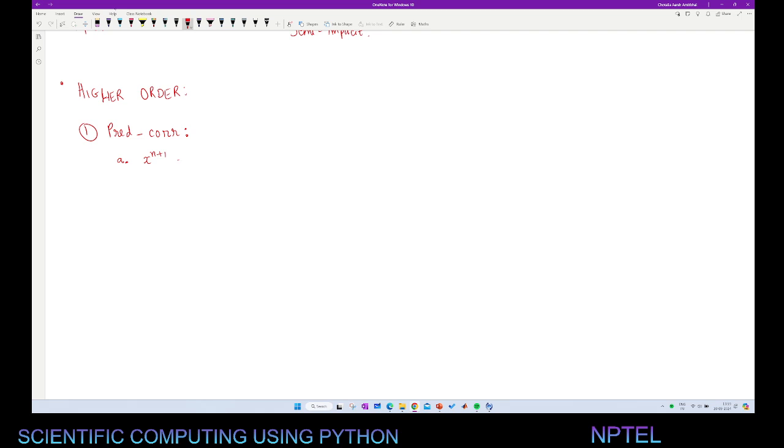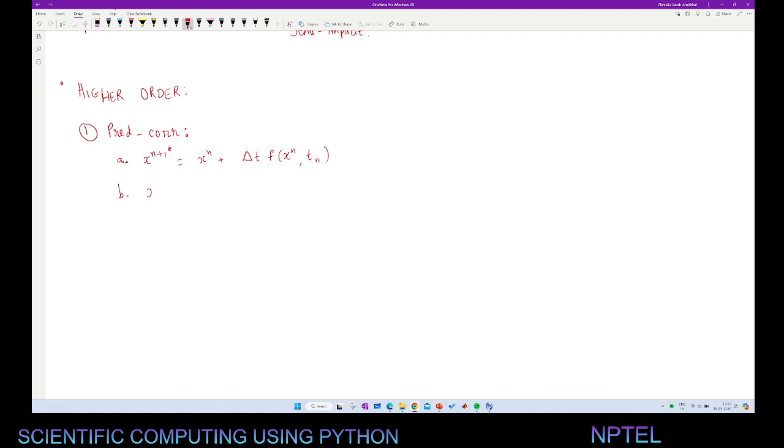So x_{n+1} is x_n plus delta t times f of x_n, t_n, so this is the standard Euler method. And then you say, okay, this is not actually my x_{n+1}, but I am going to use this for evaluating x_{n+1}.